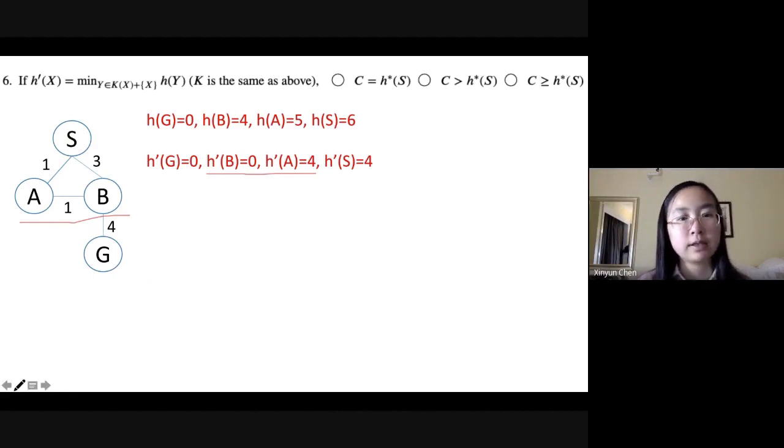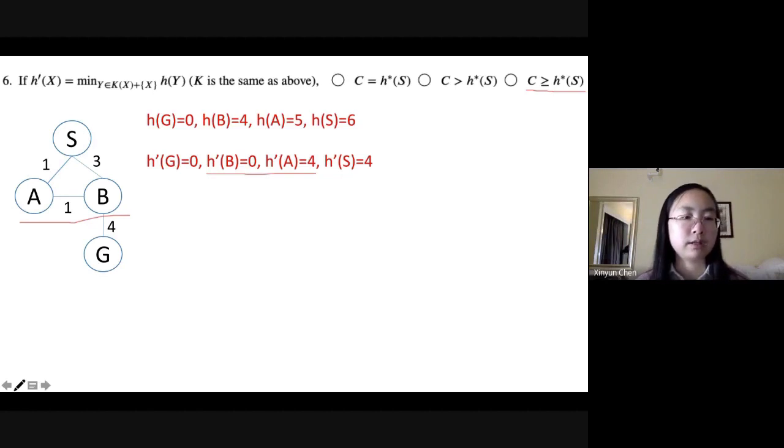This is a counterexample showing that this heuristic is not consistent. And when we use graph search with a heuristic that is not consistent, the cost may also be higher than the optimal cost H star.